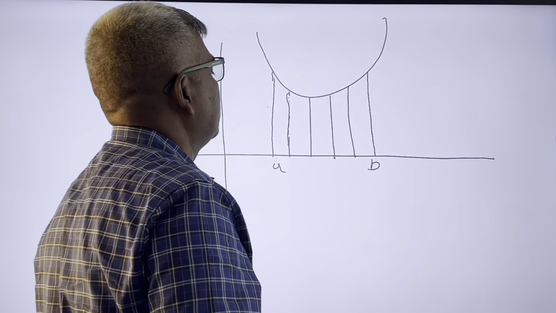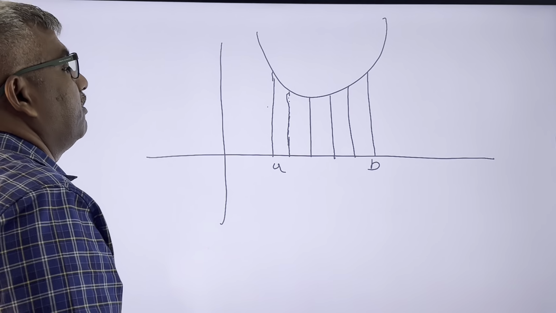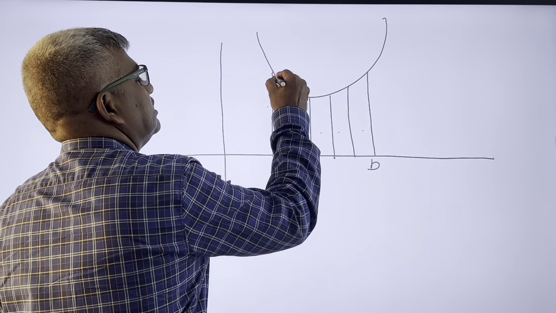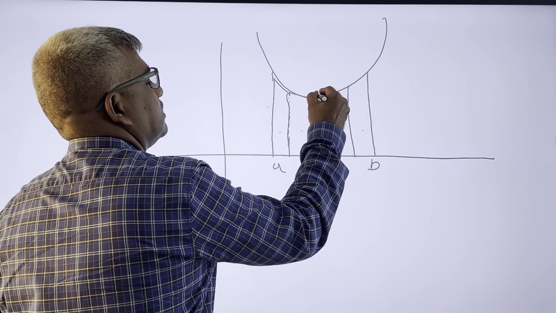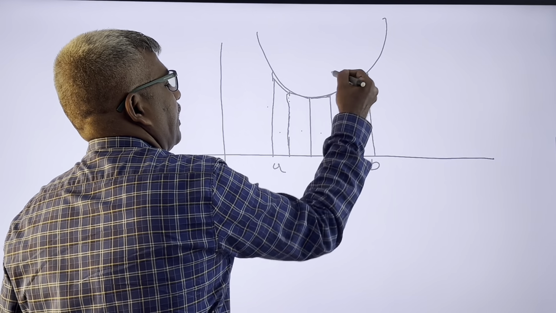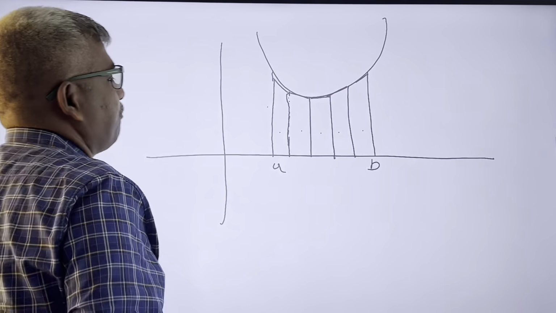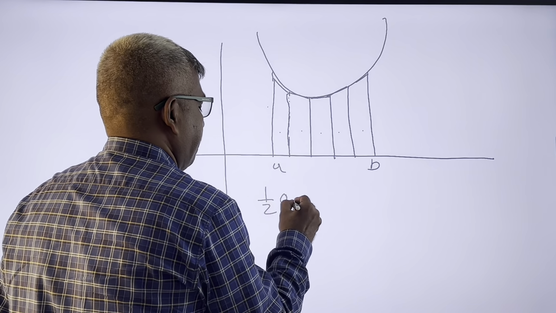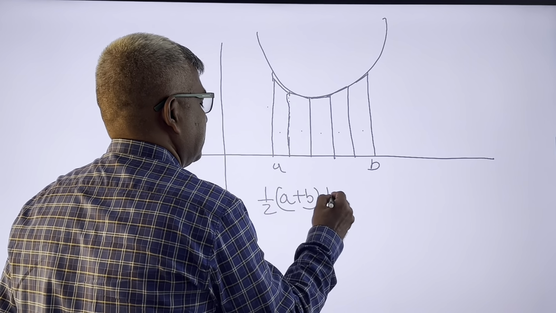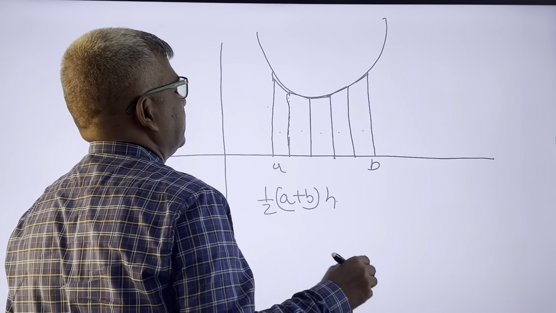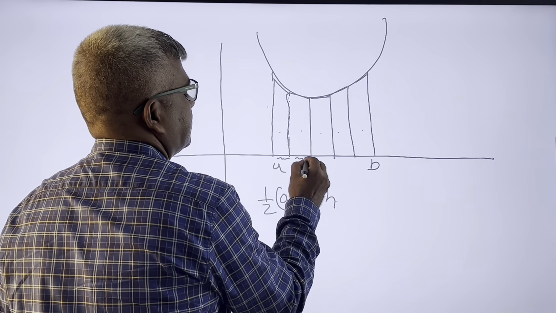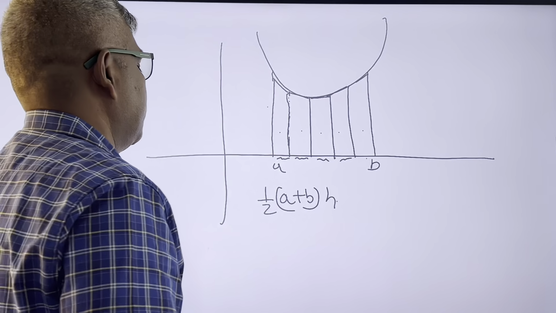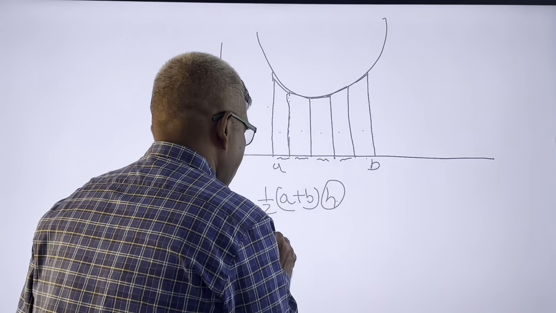This looks like 5 trapezium. What is the trapezium formula? Half times A plus B times height. This is the height, this is the height. The height is uniform in all trapezium, so height is common.